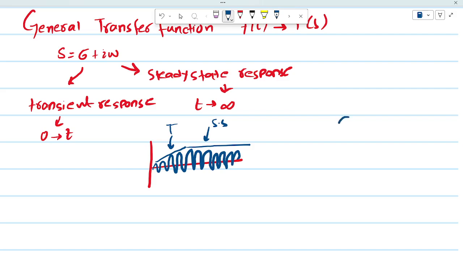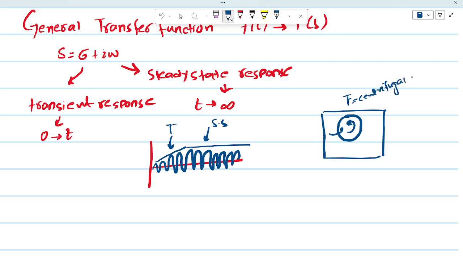If you have seen a front load washing machine, it's like this one, and you put clothes inside, and that washing machine rotates at a very high rpm, and because of this rotation there's some force, like a centrifugal force, and that force, because it is acting tangentially at every instant, causes vibration in our whole structure.